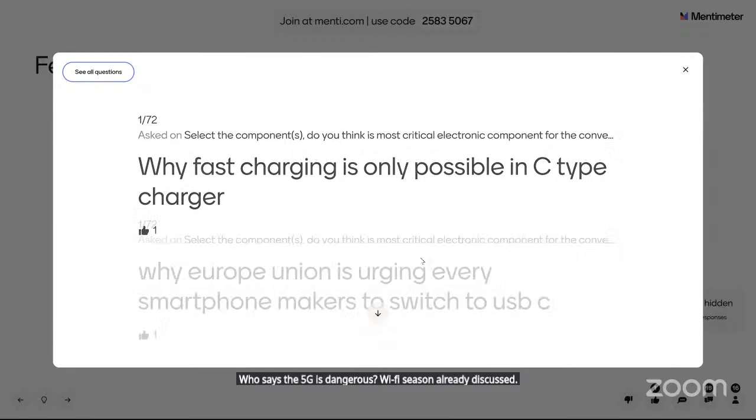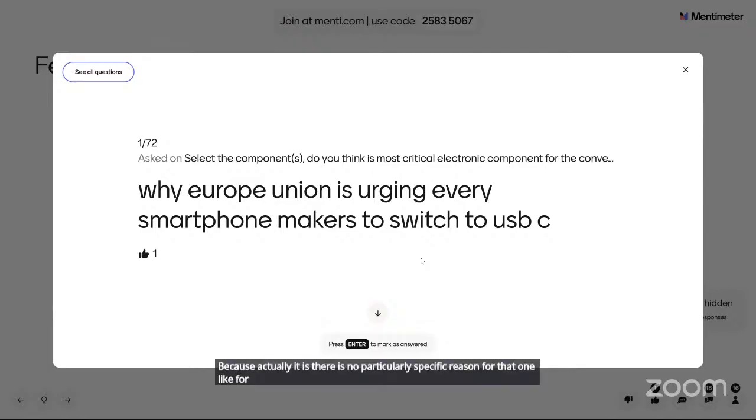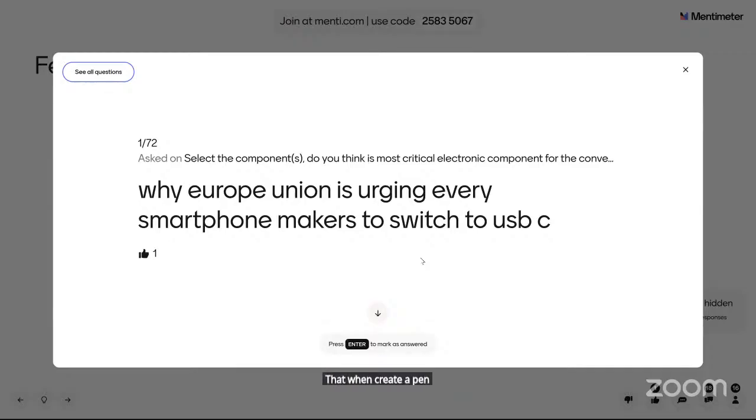Why did European smartphones all switch to USB? Actually, there is no particularly specific reason for that. For example, in my laptop I have a USB port where I insert a pen drive. If India announced that they are changing the size of the USB, every company that creates pen drives would have to change their size.